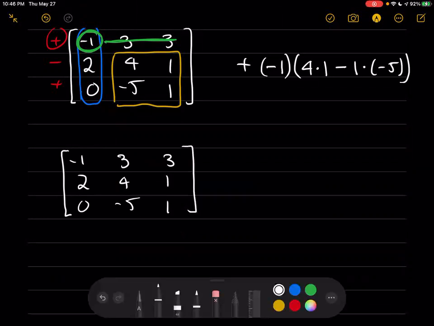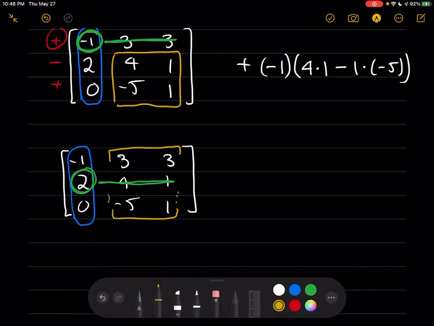So we're going to focus on the same column, and this time we're going to look at the middle row. We're going to cancel it out, and we're going to look at the determinant of this thing here. Okay, and then we'll write our pluses and minuses.